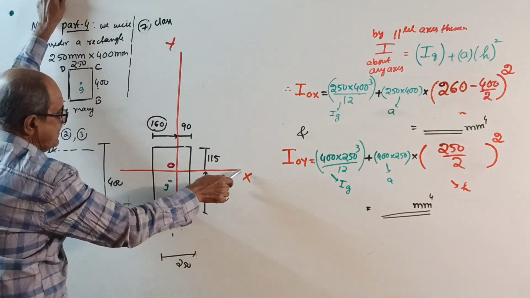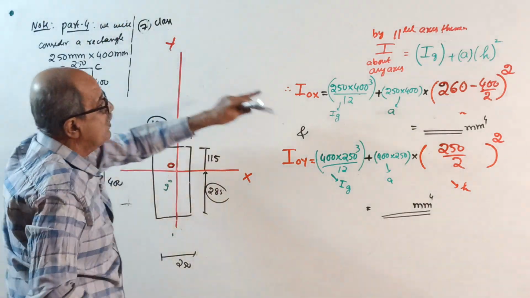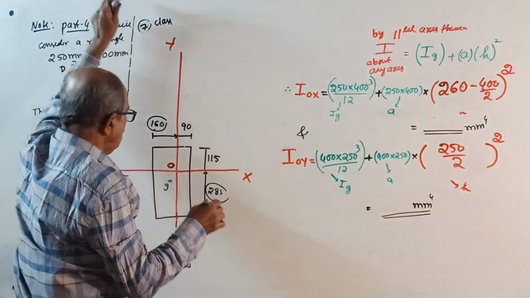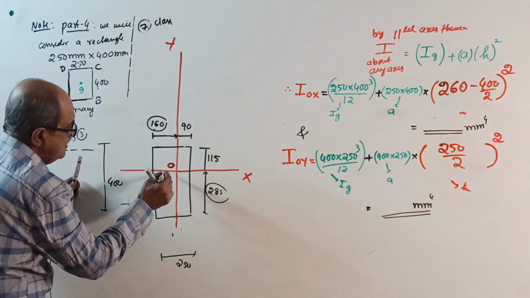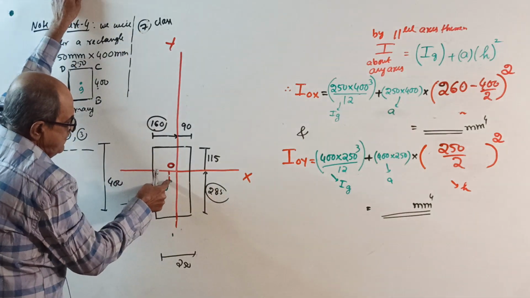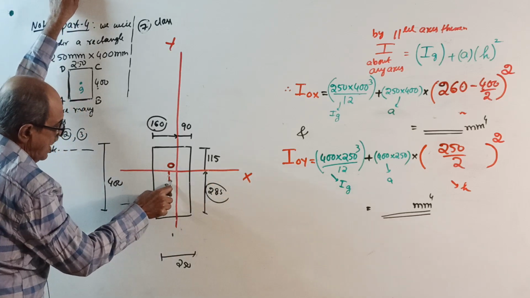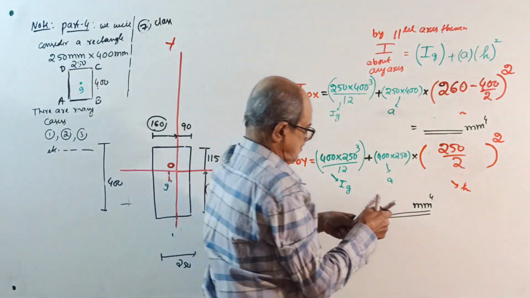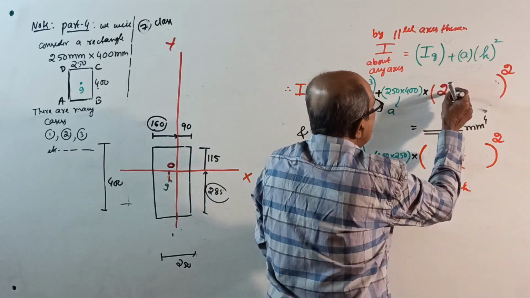So, I about XX, OX. First, as usual, BD cube by 12 plus area into, when you want I about XX, see, it is red color, this distance square. That distance is equal to 285 minus half of 400. You should write everything.